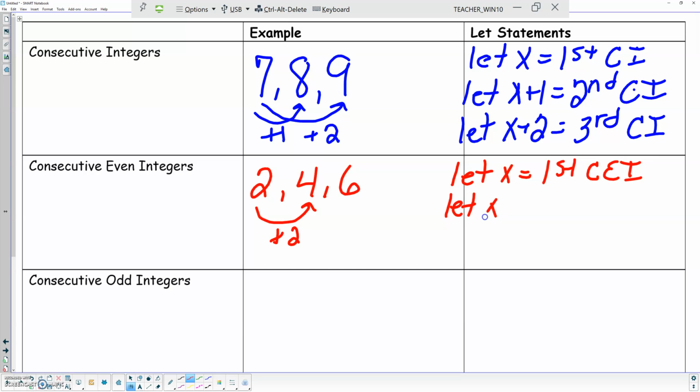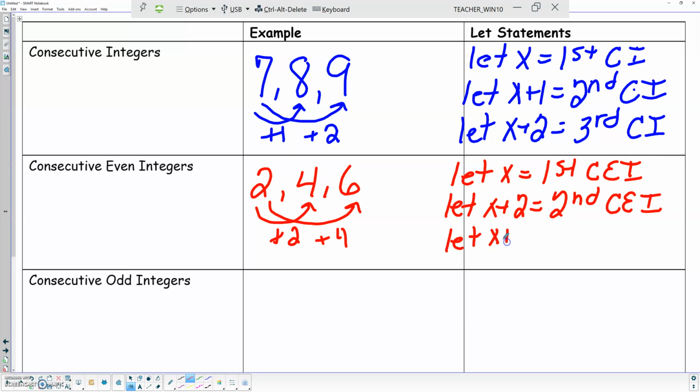So we're going to let x plus 2 equal the second consecutive even integer. And then to get from 2 to 6, we're adding 4. So we're going to let x plus 4 equal the third consecutive even integer.